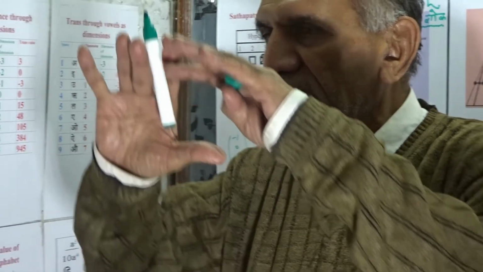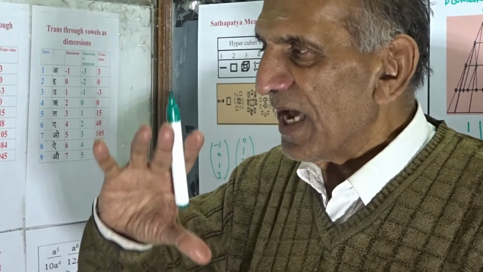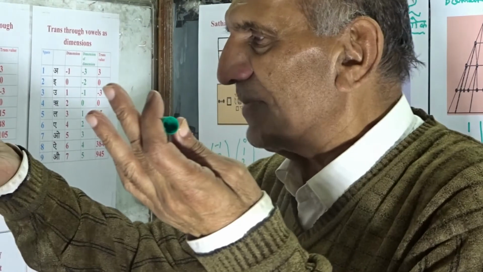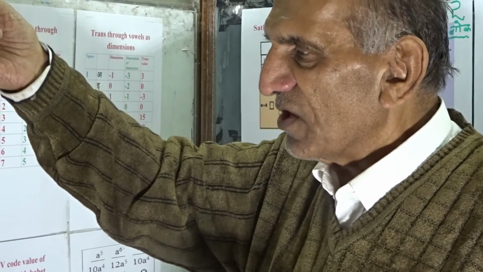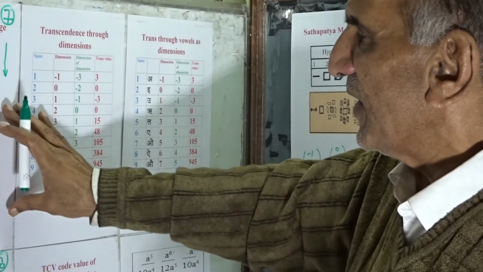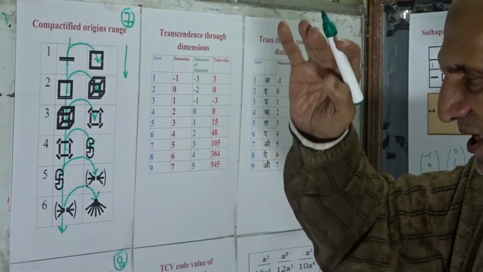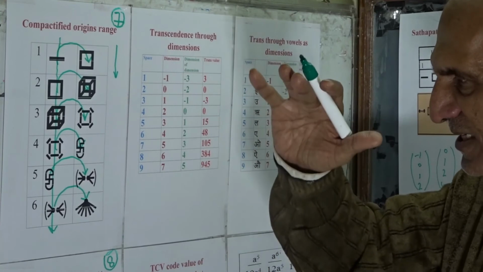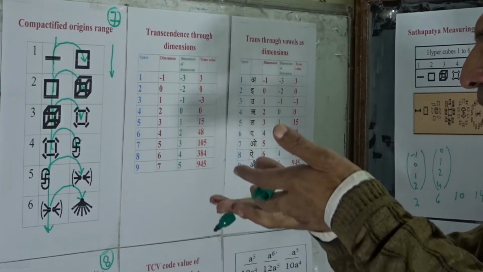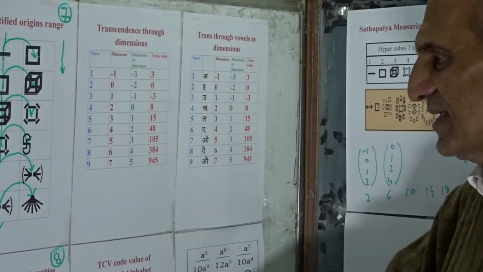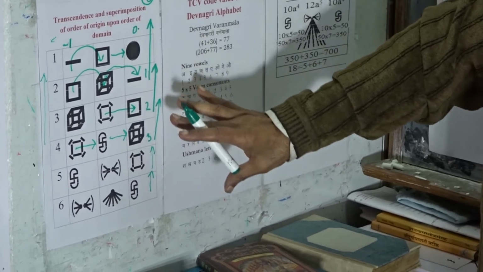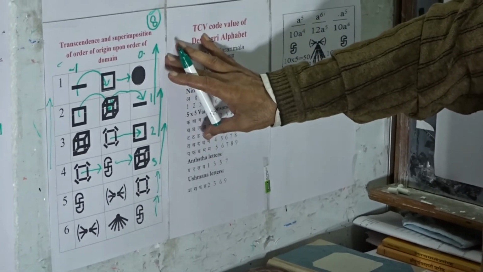So the happening at the boundary is the happening which will provide us through cosmic windows an outward expansion and inflow of the cosmic substance within the domain. The compactified origins will provide us the inward transcendence. When there is an inward transcendence, and from inward transcendence there is going to be an upward transcendence, then as a result thereof, there is going to be a superimposition of a higher order upon the lower order.